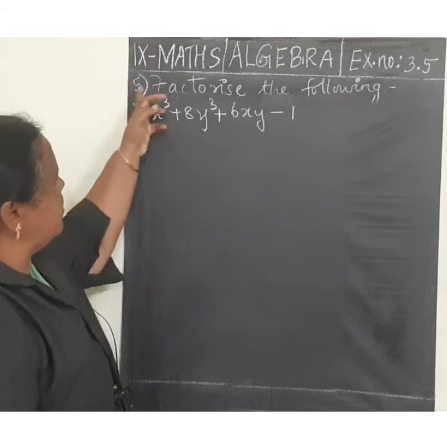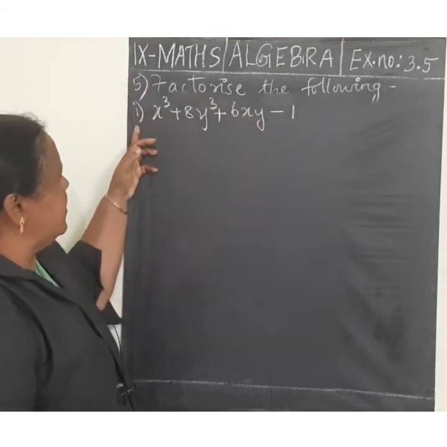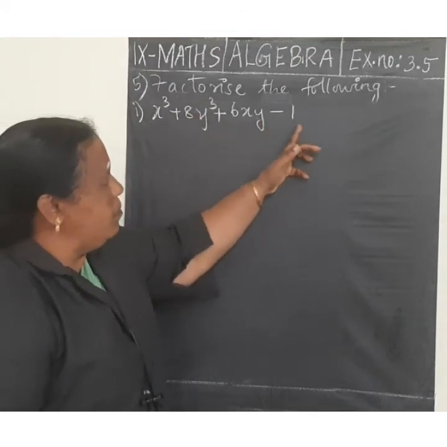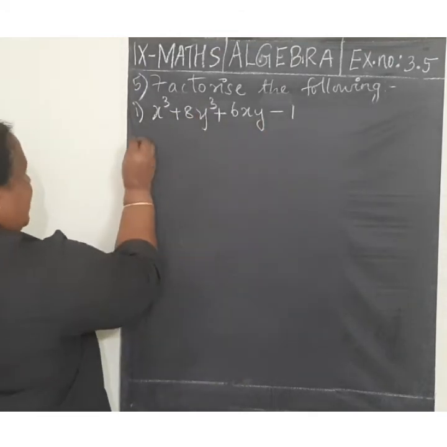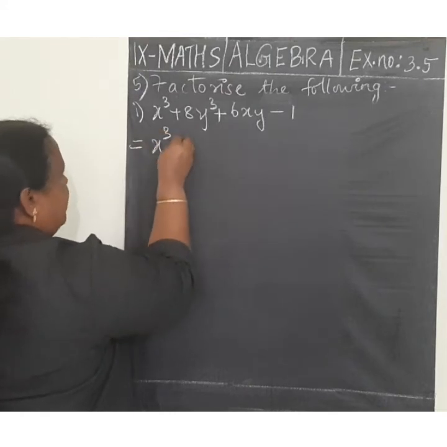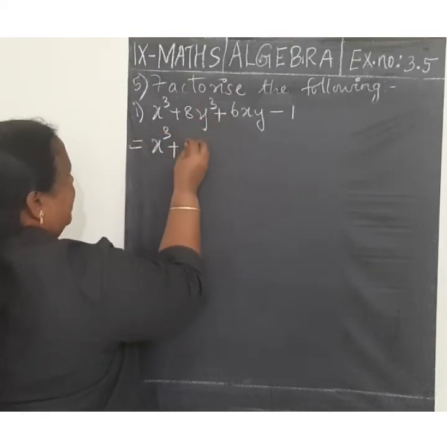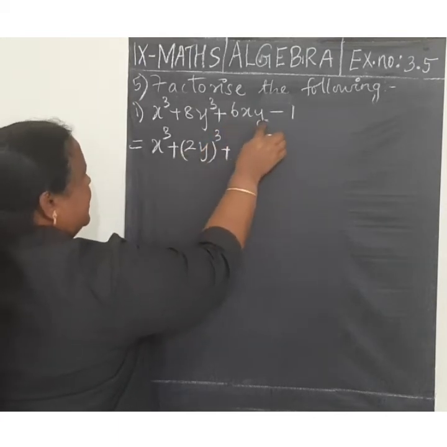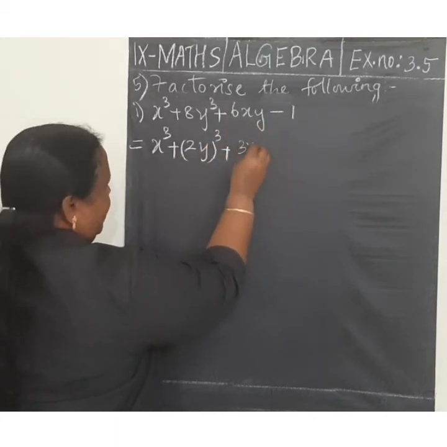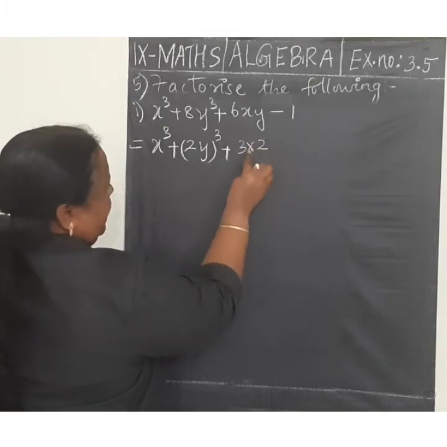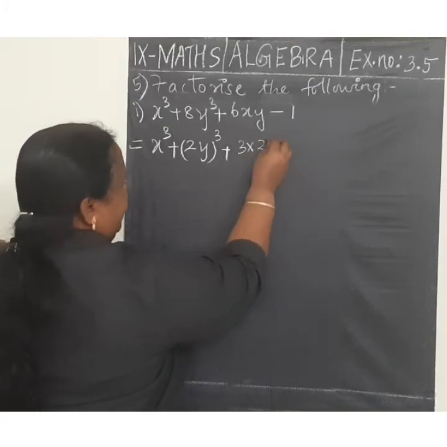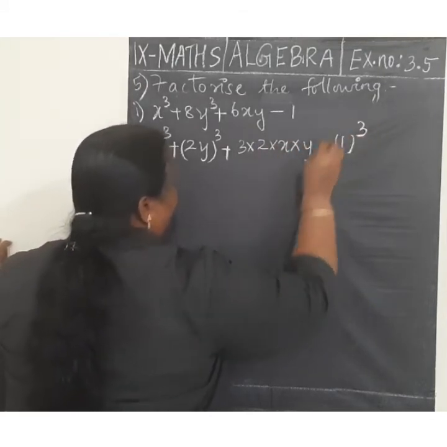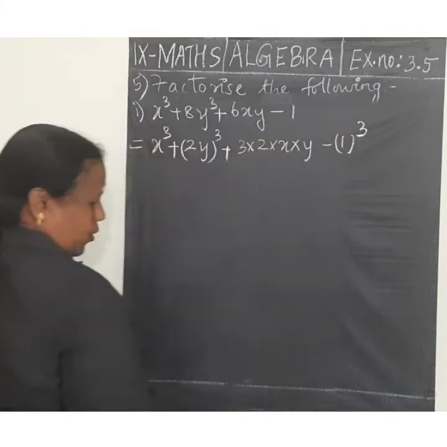Now next, fifth question, factorize the following. In that, first subdivision: x cube plus 8y cube plus 6xy minus 1. First we have to write this as x cube plus 8y cube, which I will write as 2y the whole cube, plus 6xy, which I will write as 3 into 2 into x into y, minus 1, which we will write as 1 cube.